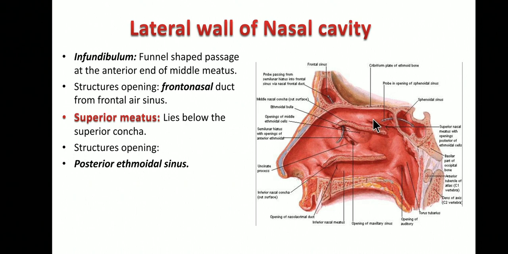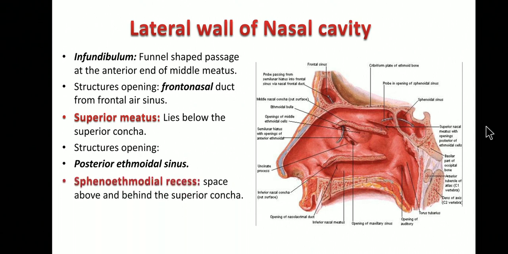Now above the superior meatus, you see this space is called the supreme meatus or sphenoethmoidal recess, which receives the opening of the sphenoidal air sinus.